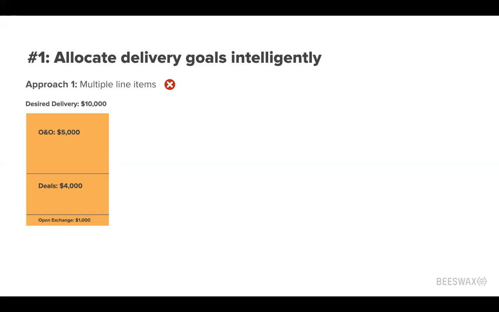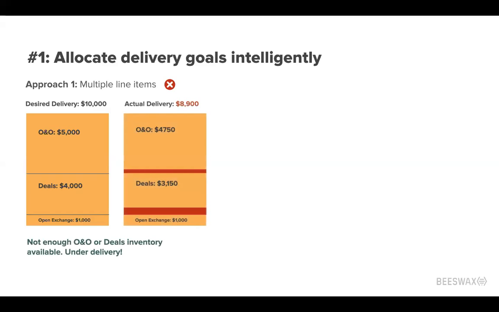What can very likely happen in this scenario is the actual delivery of the overall campaign will not be met. Just as an illustration, we only spent $8,900, and that's because there was not enough deals inventory or owned and operated inventory to hit their respective budgets.